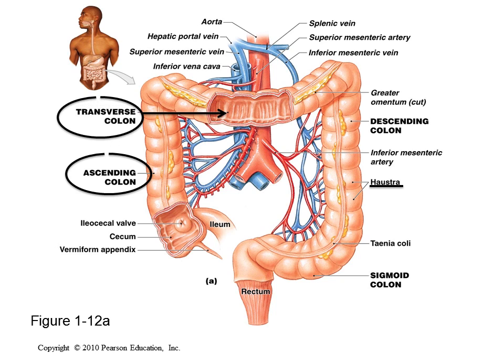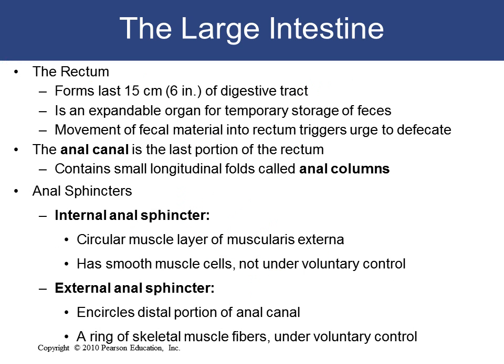And we have the transverse colon, which runs transversely through the abdomen, and on the right side we have the hepatic flexure, and on the left side we have the splenic flexure. The transverse colon continues inferiorly with the descending colon, which continues inferiorly and joins with the sigmoid colon, which is S-shaped. And this sigmoid colon now joins with the rectum.